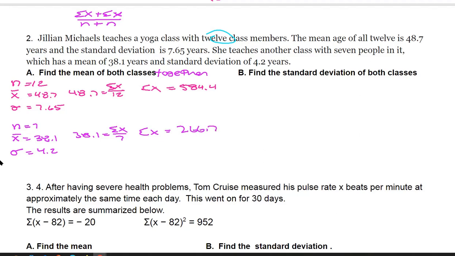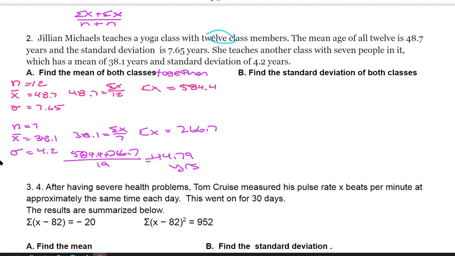And see, now all I've got to do is take these two pieces of information, 584.4 plus 266.7 divided by 19, and that's going to give me the mean of both of them, which is 44.79, and the units are years, so it's still going to be years. All right, so that's how you find them both.